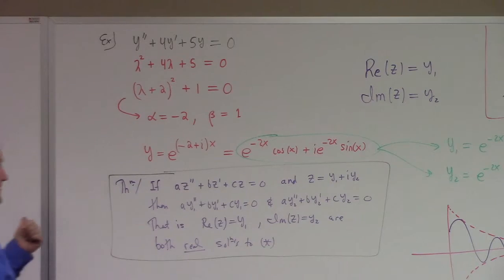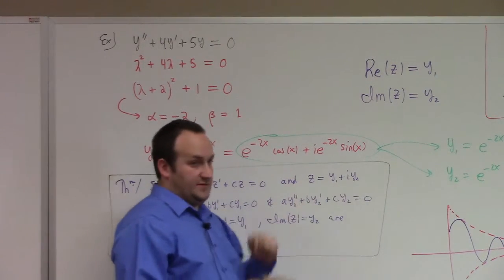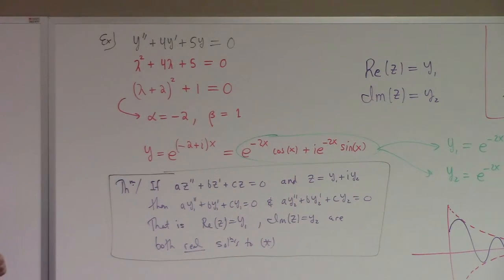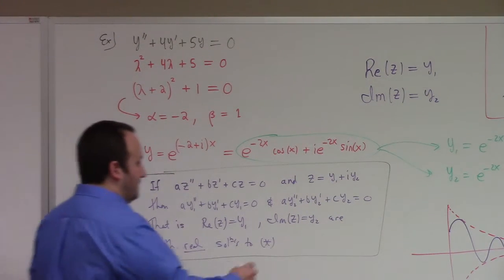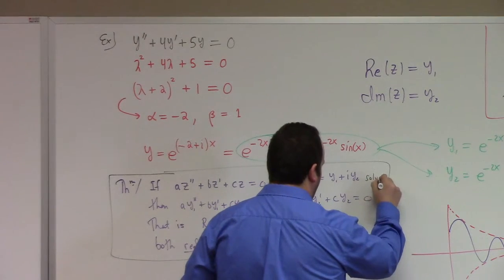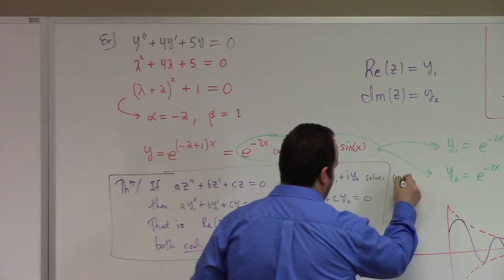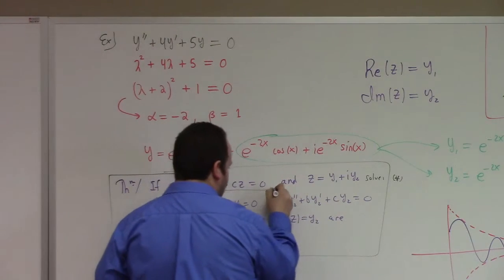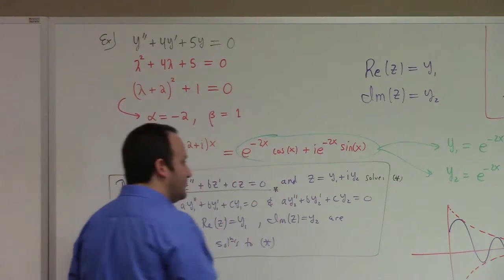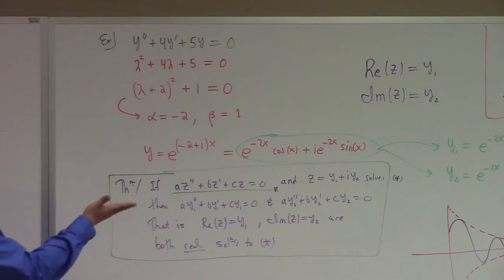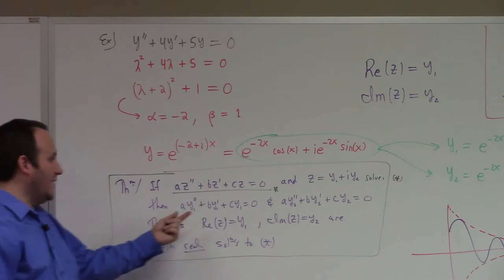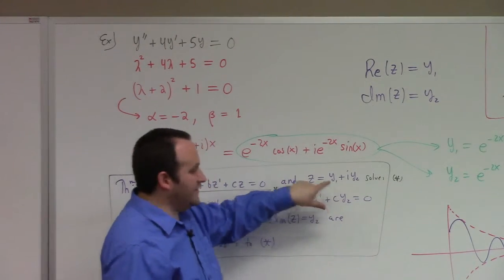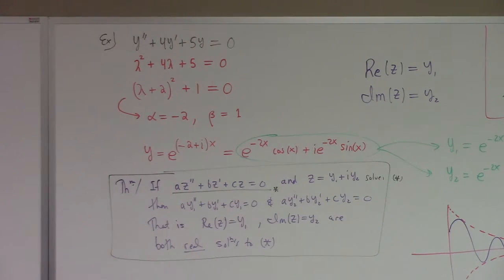And if z is equal to y1 plus i y2 is a solution, oh, oops, I forgot the star. If z solves star, then this is so cool: y1 and y2, the real and imaginary parts of z, are separately real solutions to the same differential equation.